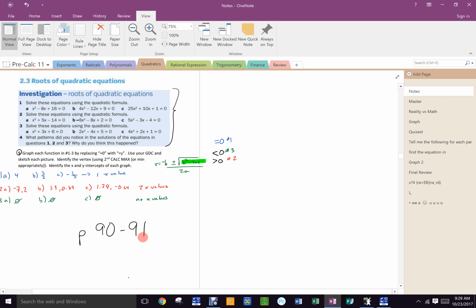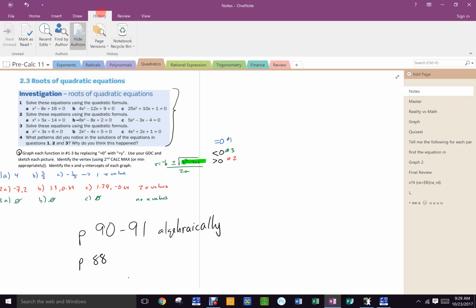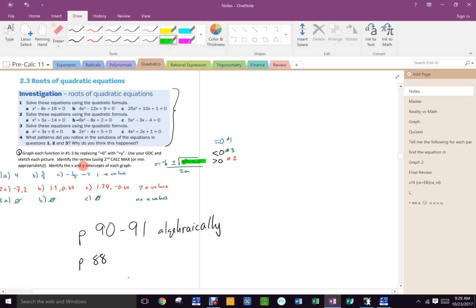You're just going to do those algebraically. And then we're going to go back to page 88. Hopefully we'll have time. And we're going to work on finding the X and Y-intercepts with our calculators.